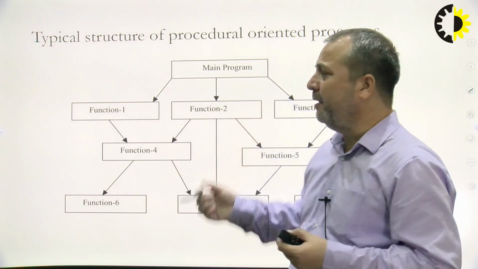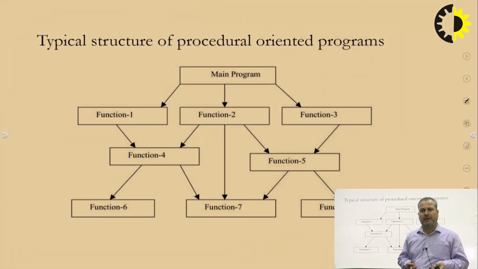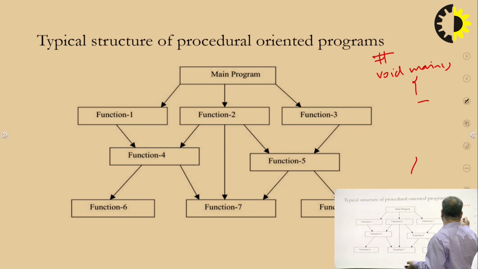In the programming, the main program is where the execution begins, like whatever you write. Suppose you write something in a C program, like the header file and all, and we just write main, okay. So main is the function from where execution begins, right.